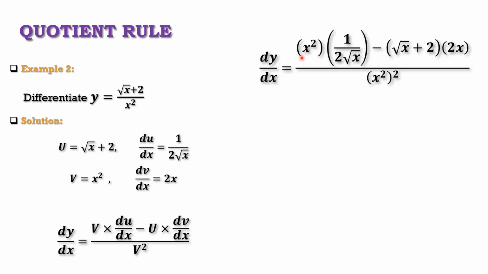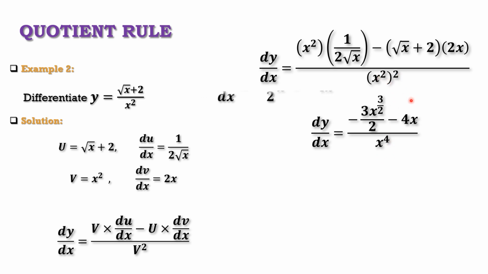We have to write the numerator and simplify it. So expand and simplify this numerator. When you do that, we end up with dy/dx equal to minus 3/2, minus 3x to the power 3/2 all over 2, minus 4x, all divided by x to the power 4. Why? Because 2 times 2 gives us 4.